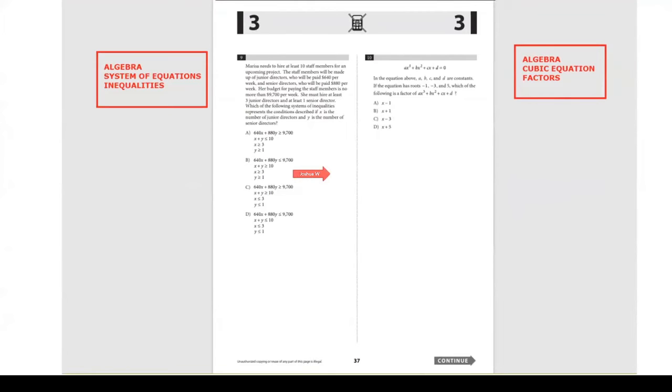Okay, on the SAT, they usually don't do equations that have more than 3 factors, like three values for the variable that will create a root or 0.